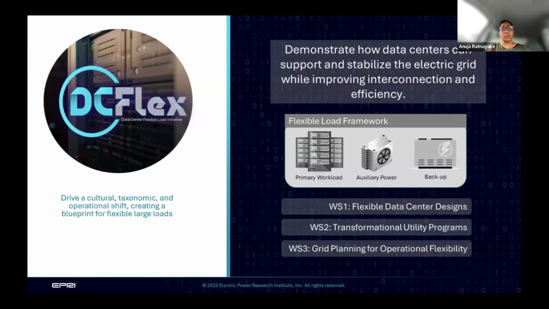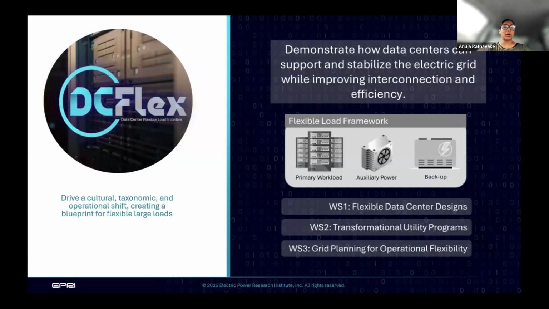What we are trying to do with Workstream 3 is develop the tool sets, processes, and practices necessary to be able to consider flexible large loads as a peer to any other resource type. So these would be dispatched the same way with the same intelligence as a traditional resource. What are the tools necessary to do this?